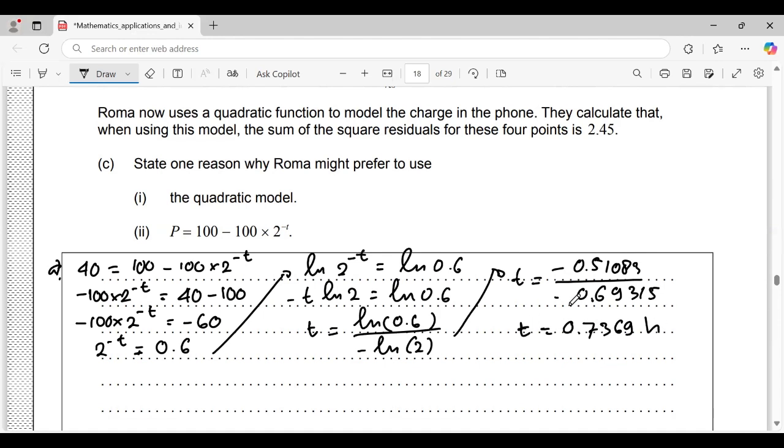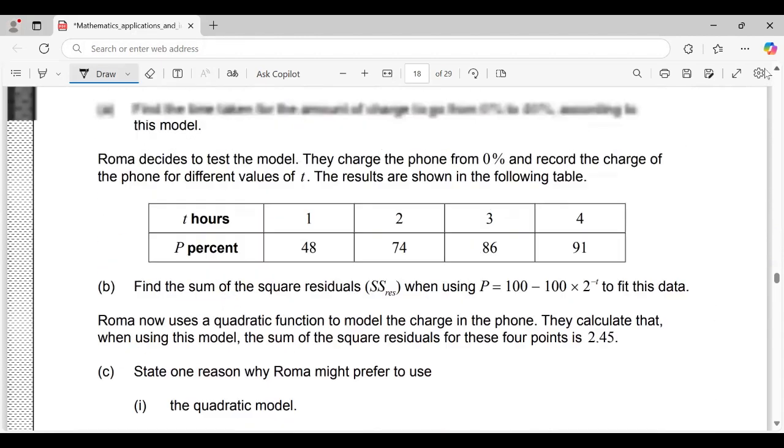But we are going to calculate in minutes, so we multiply by 60 minutes per hour. It becomes 44.218 minutes. Next, part B.